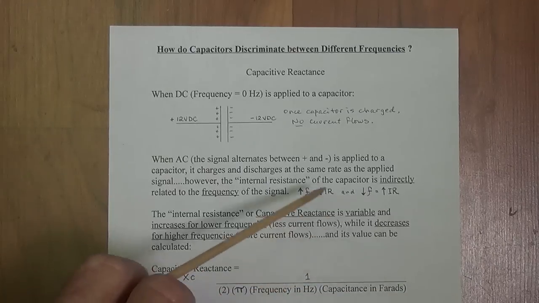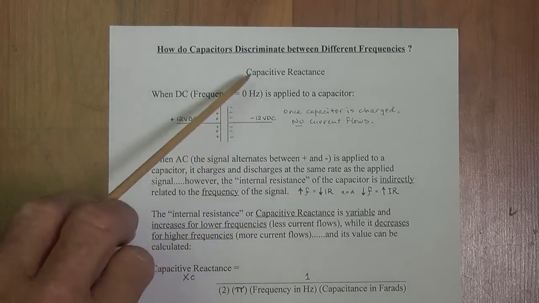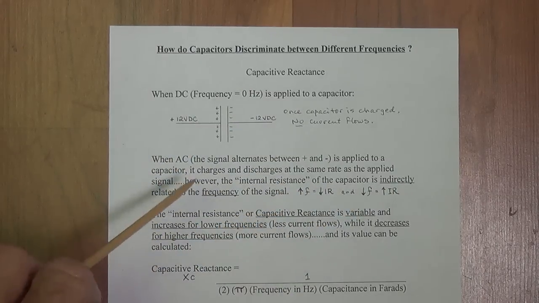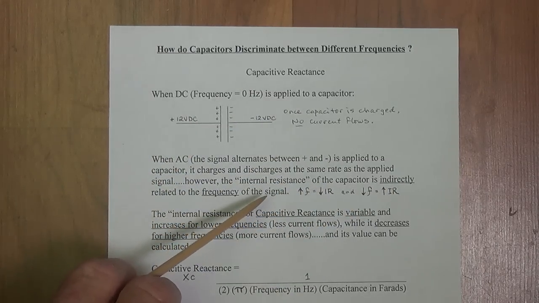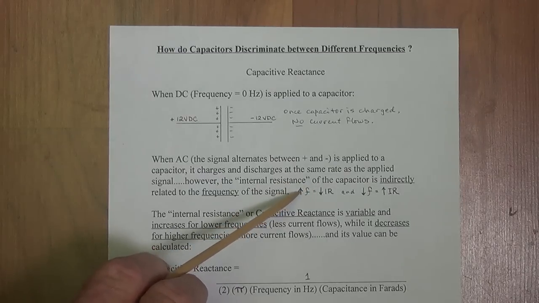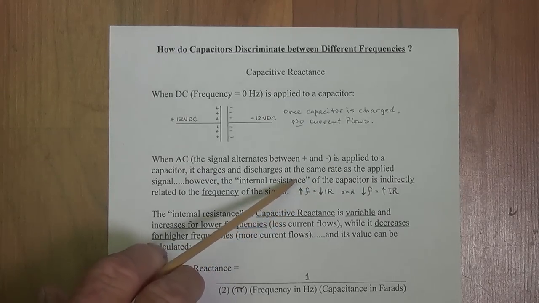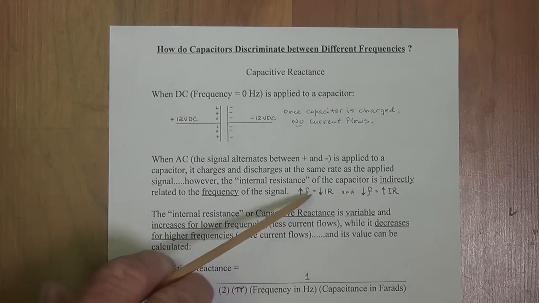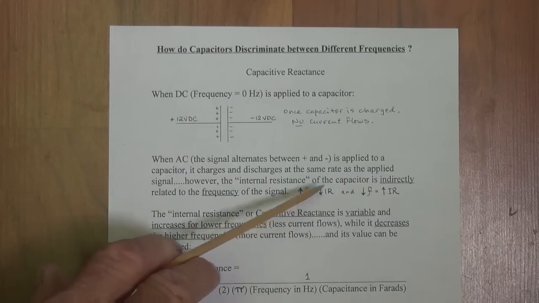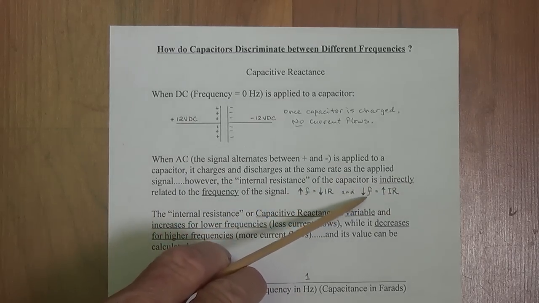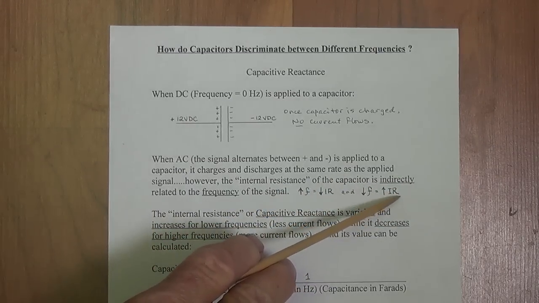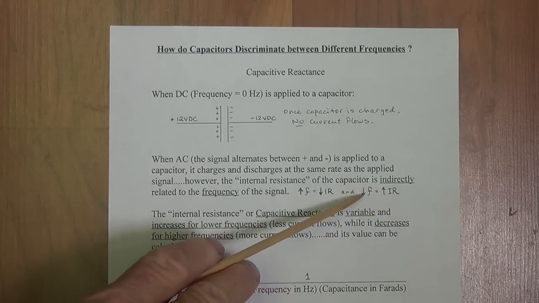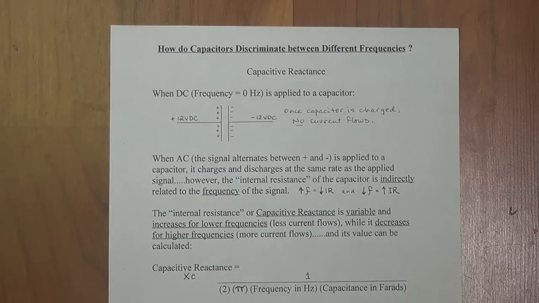So we can say that the internal resistance or capacitive reactance of the capacitor is indirectly related to the frequency. That may seem confusing, but it means that the arrows don't agree. If frequency is up, internal resistance is down. We have easy passage. Frequency is down, low frequency, then the internal resistance or capacitive reactance of the capacitor is high, and there will be very little passage.